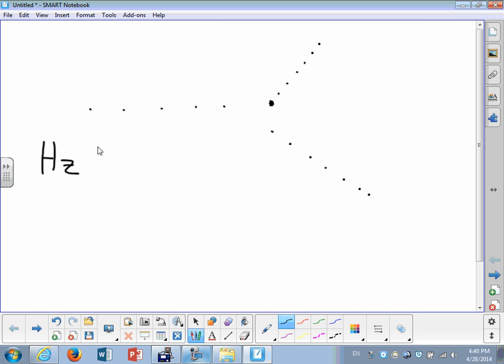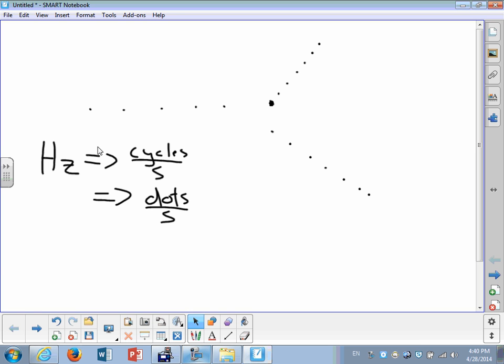And what hertz are is cycles per second, which in the case of ticker tape diagrams is, that's right, you guessed it, dots per second. Great. So we can definitely use this information to help us figure out how fast these objects are going.